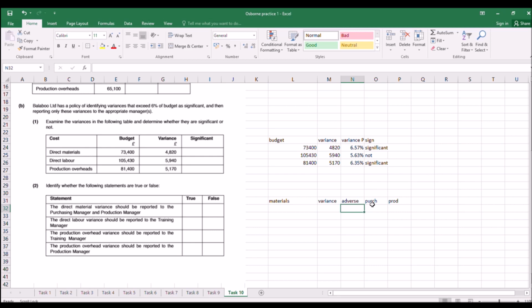Alternatively, the production manager might be just not really on there and overseeing what's going on the workshop floor. Everybody might be wasting all of your product, making it poorly or what have you. There might be poor training of staff, and so we've got a lot of wastage going on. So both of those two could be on the hook for this. So that one would definitely be true. And when I say report to, it's not really report to like, oh, would you mind awfully noting the variance.